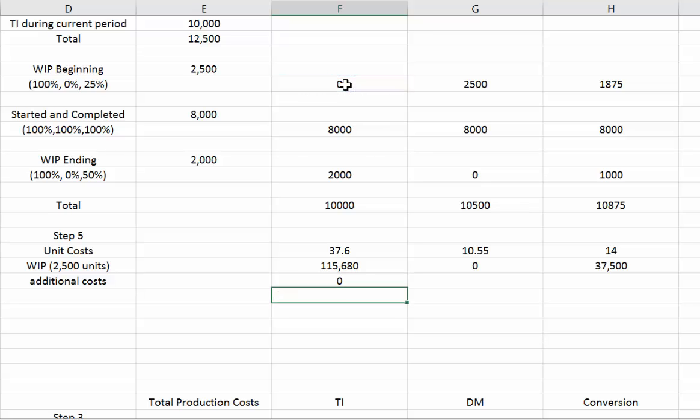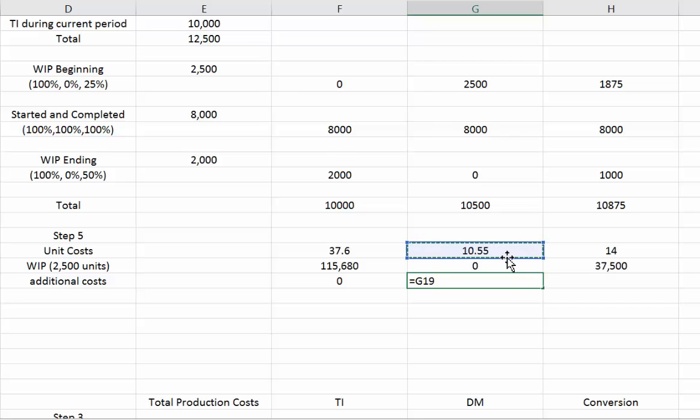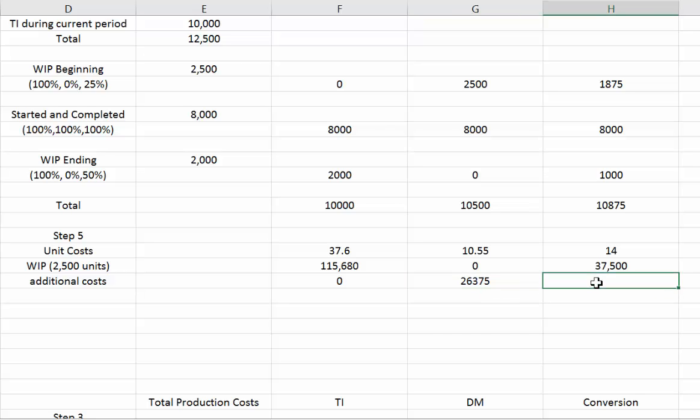For this one we are going to multiply $10.55 by the 2,500 units. That will tell me $26,375 will be added to this WIP beginning inventory.